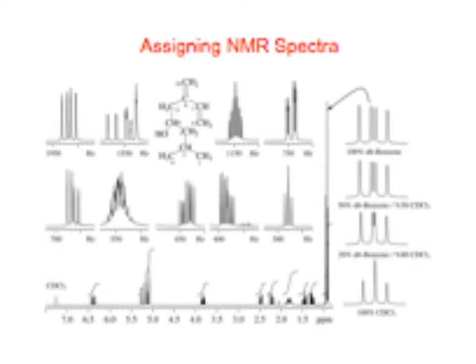So is a triplet what we would expect for 1 and 9? No. What would we expect from a simplistic point of view? A doublet, right? The big one. This is what they just did, they changed the solvent.